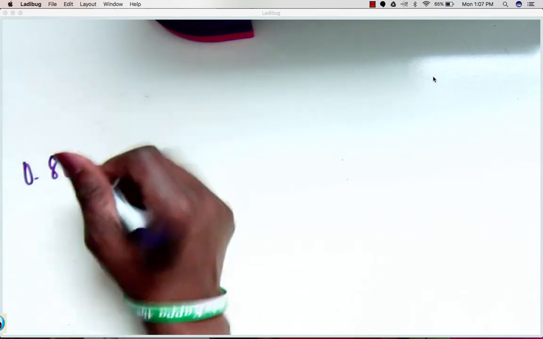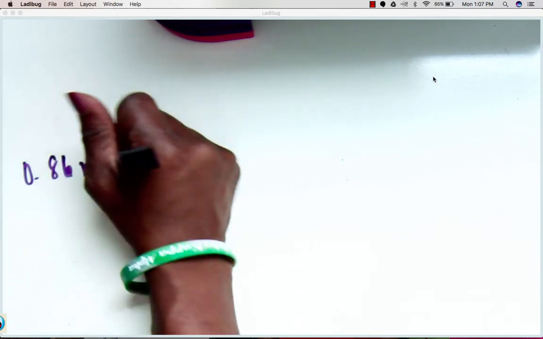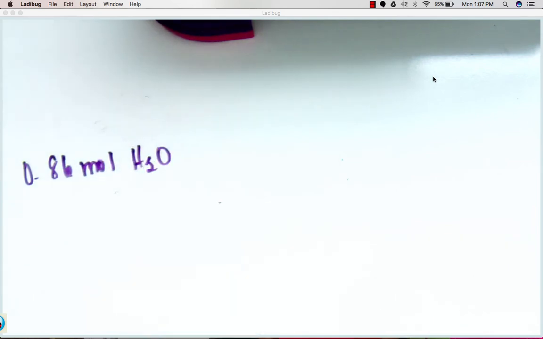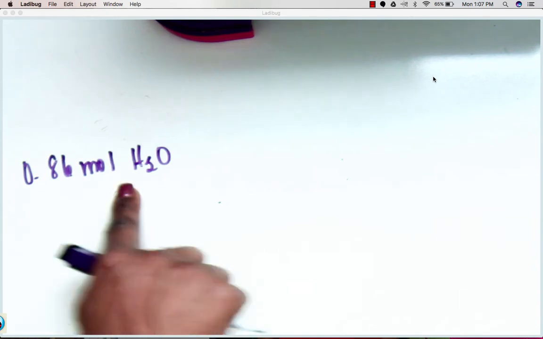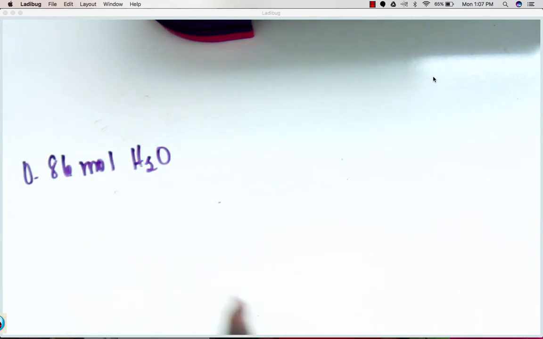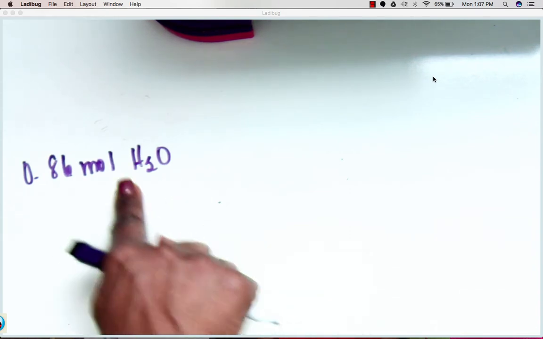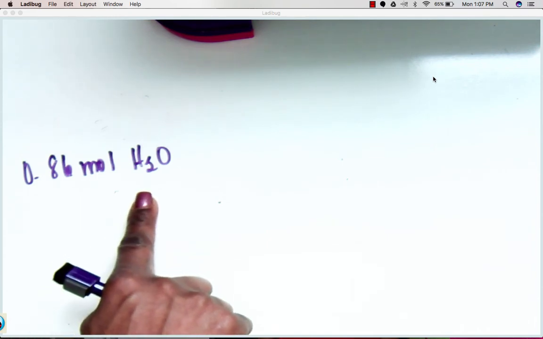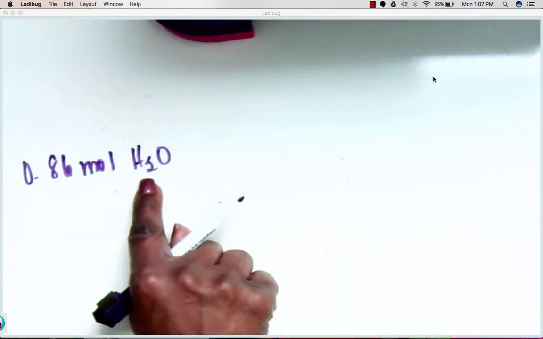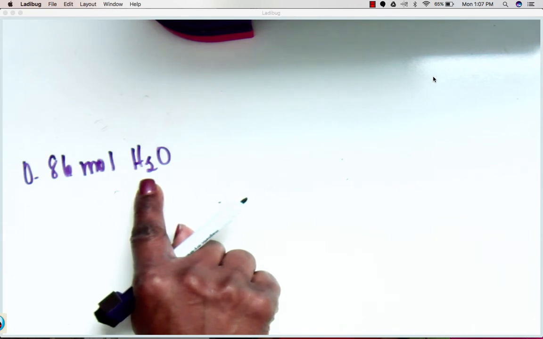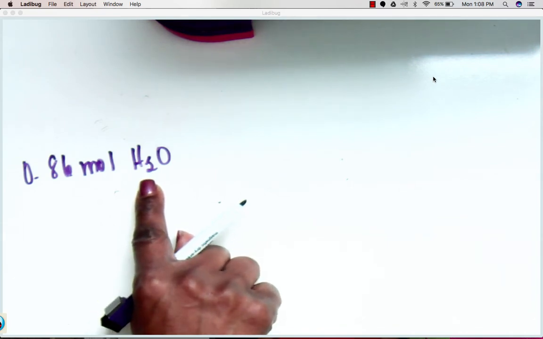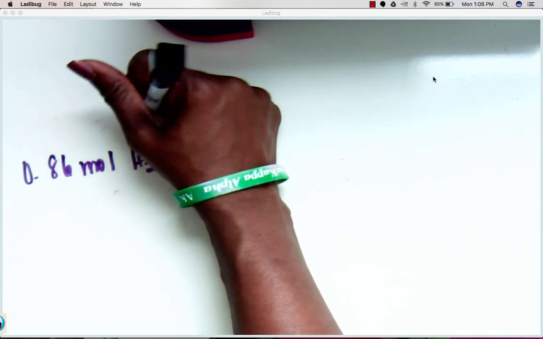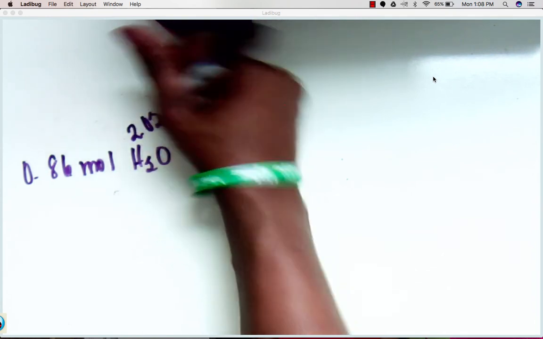So now, let's say we start off with 0.86 moles of water. Now we have to go from moles of water to grams of water. But the first thing you need to do, since instead of an element we've got a compound, is find the molar mass. Take a look at your periodic table, and you'll see that 1 hydrogen has a mass of 1.01 grams, but we have 2 hydrogens. So 2 times 1.01 equals 2.02.